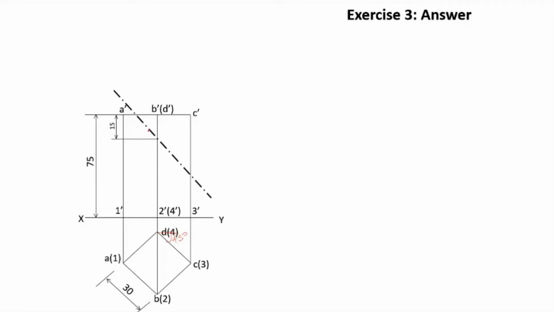That is, this angle is 60 degree. Likewise, you draw the section plane, and this part is removed. This is the vertical raise, since it is in the front view. So the part above this particular section plane is removed.